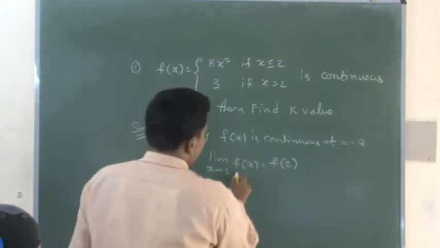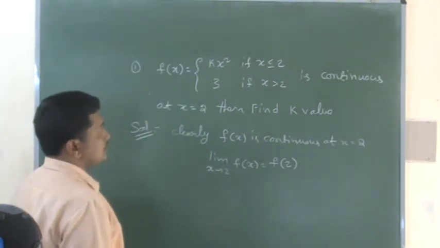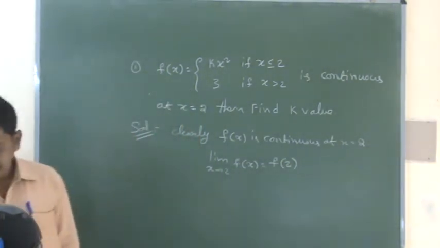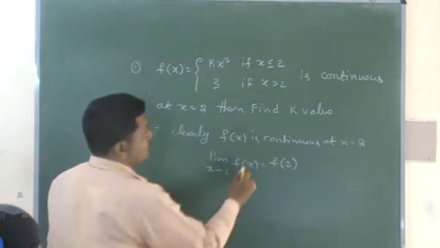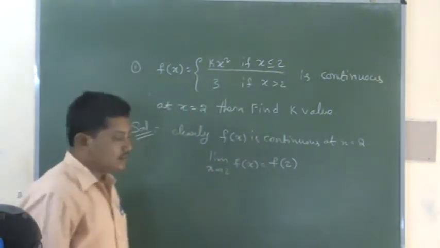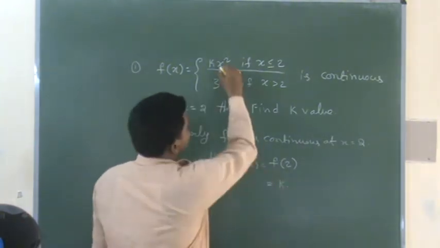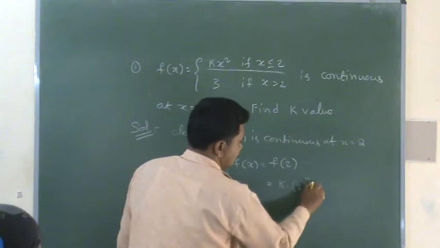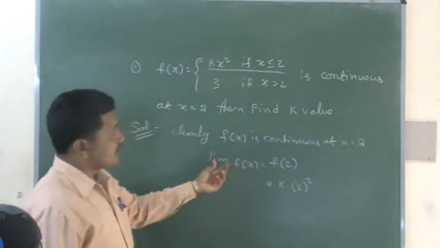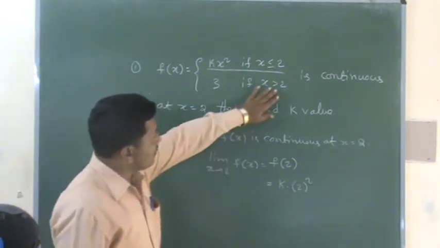Here I want to calculate limit x tends to 2 of f of x, and f of 2. The f of 2 value comes from the definition of the function, so I write k into 2 whole square, and for the limit, the remaining part, the other part value is equal to 3.